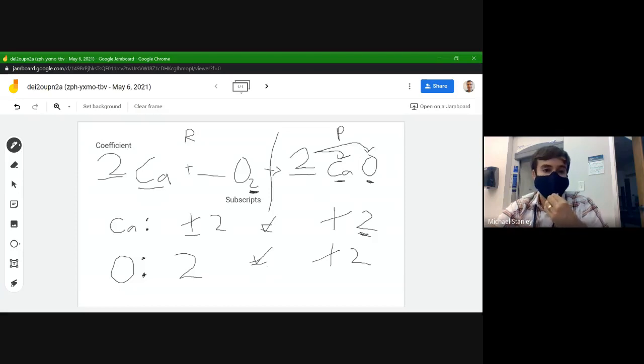That was unbalanced. So in order to balance the Ca's, we added this 2 coefficient over here. And that made the Ca's balanced as well. So balanced Ca's and balanced O's gives us a fully balanced chemical equation.